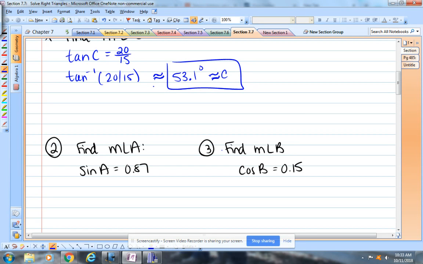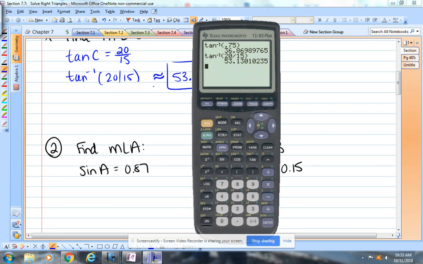All right, so if they tell you sine of A equals a decimal, to find the measure of angle A, you just do second sine of that decimal, close parentheses, and you're going to round your angle measure. So that's approximately 60.5 degrees.